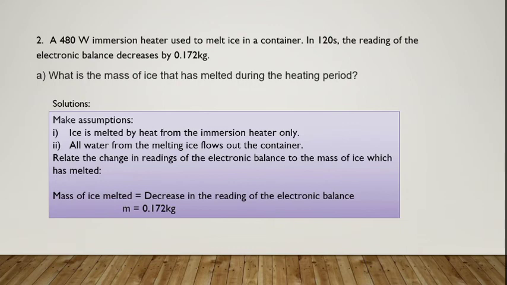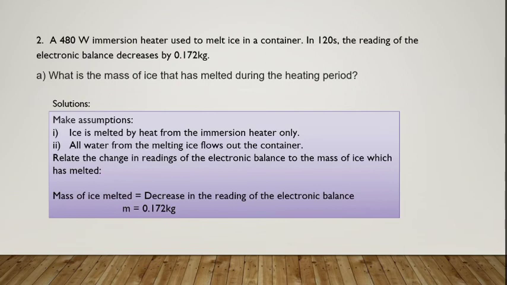Example 2. A 480 W immersion heater is used to melt ice in a container. In 120 seconds, the reading of the electronic balance decreases by 0.172 kg. What is the mass of the ice that has melted during the heating period? Make assumptions: ice is melted by heat from the immersion heater only, and all water from the melting ice flows out of the container.